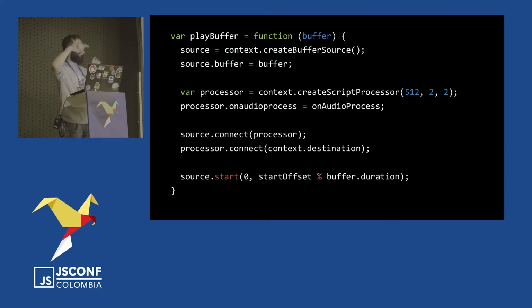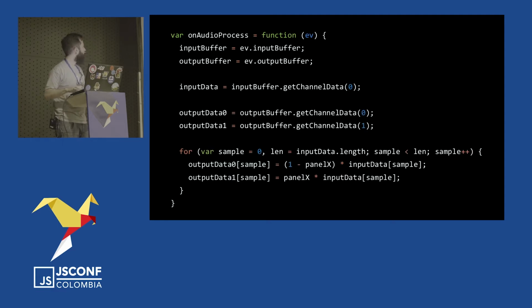That's a node that you put in your stream path, and this gives you access to a big array that is part of the sound. You have access to the input buffer and output buffer, and you can iterate and change the amplitude, for example.